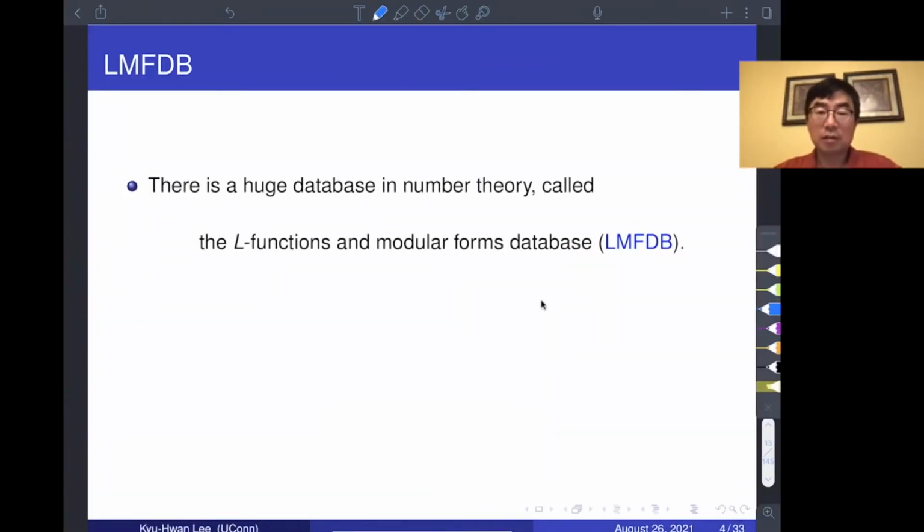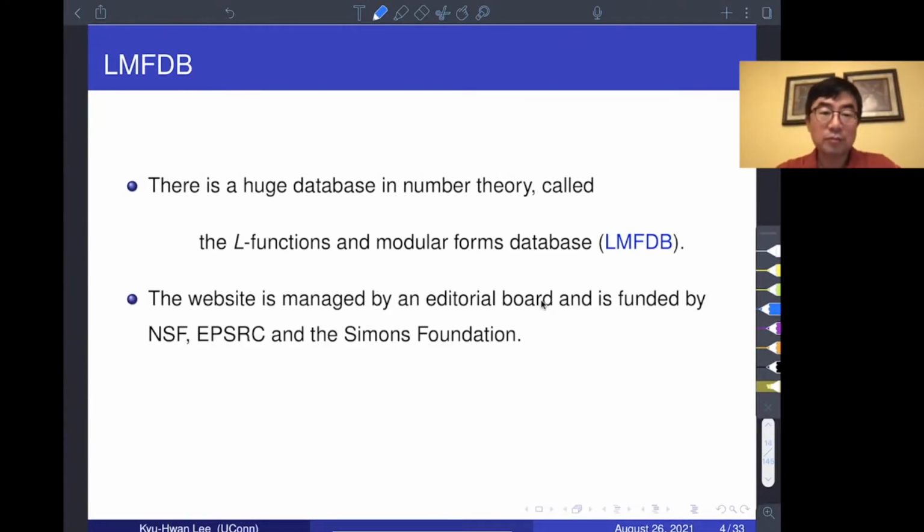Because a large set of data is available, we can apply machine learning techniques. This website is managed by an editorial board and is funded by NSF, EPSRC, and the Simons Foundation.